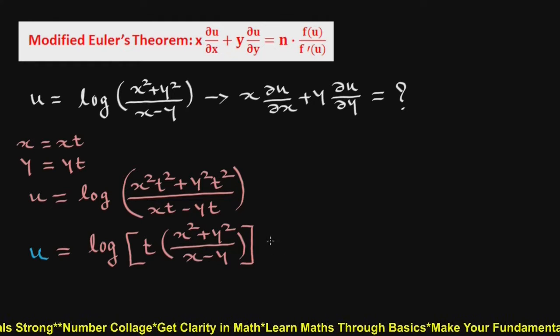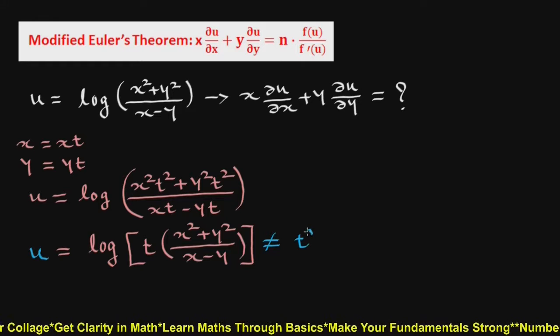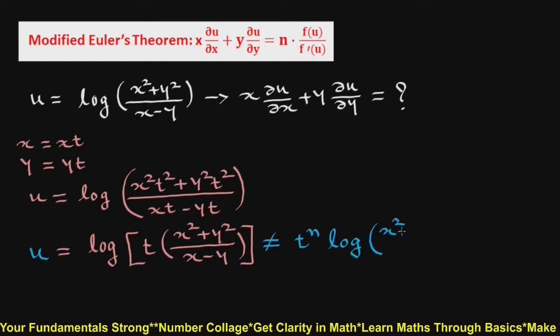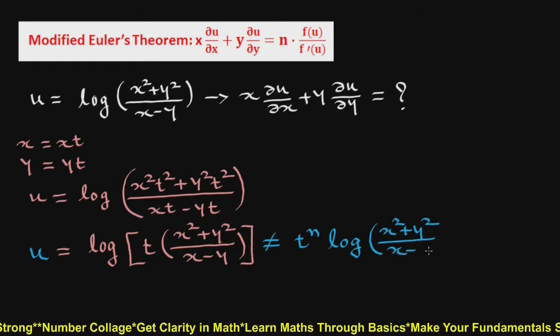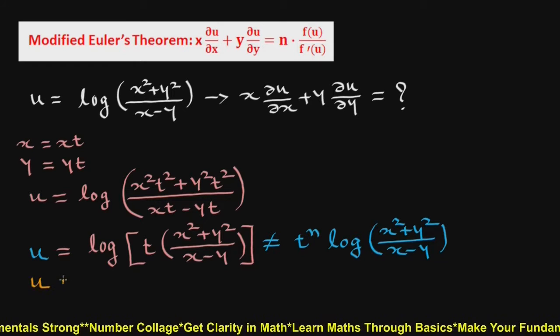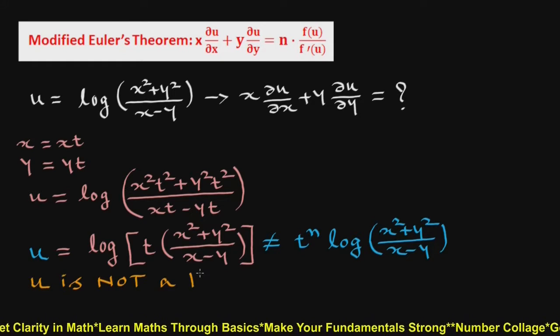So u is not in the form t raised to n times log of (x square plus y square) upon (x minus y). Hence, u is not a homogeneous function.